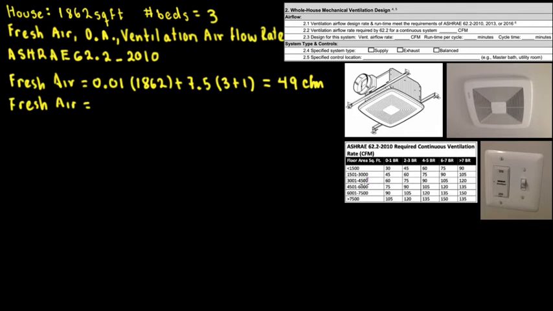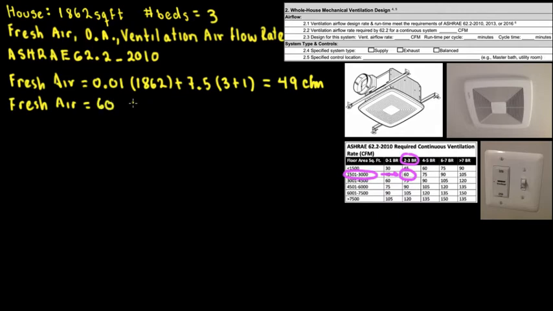The table is right here, and 1862 is within this range, floor area in square feet. And the number of bedrooms is 3, so 2 to 3 bedrooms. We do the intersection and we obtain 60. So now we're going to put in here 60 CFM.